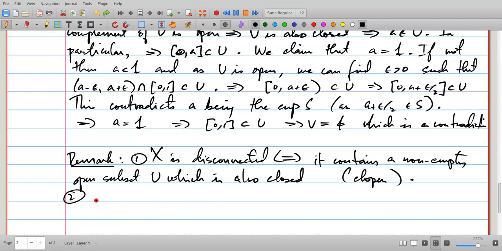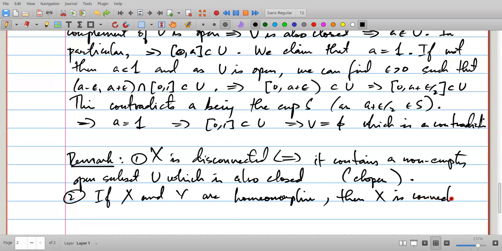The second observation we want to make, which is also equally obvious, is that if X and Y are homeomorphic, then X is connected if and only if Y is connected.